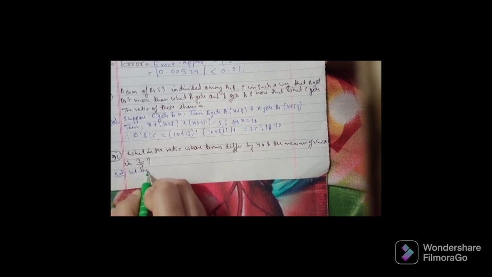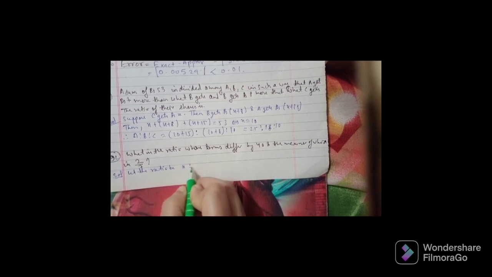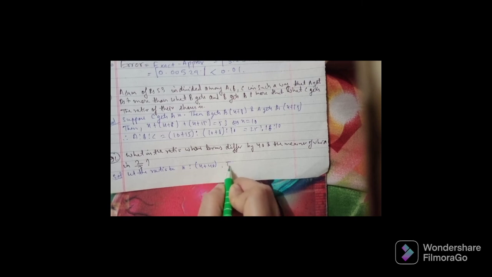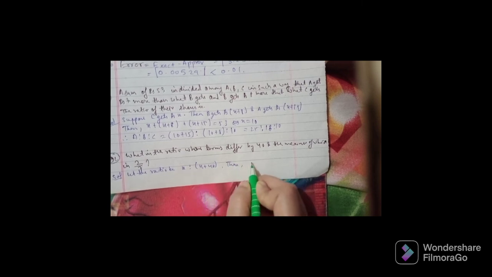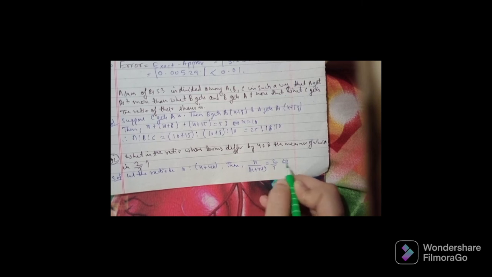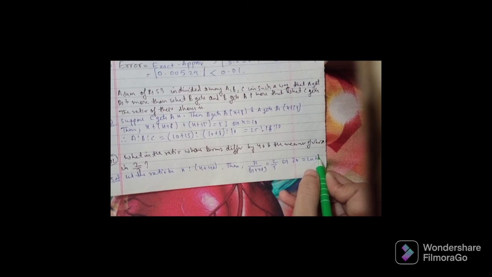Let the ratio be x : x plus 40. Then x upon x plus 40 equals 2 upon 7, which gives 7x equals 2x plus 80.